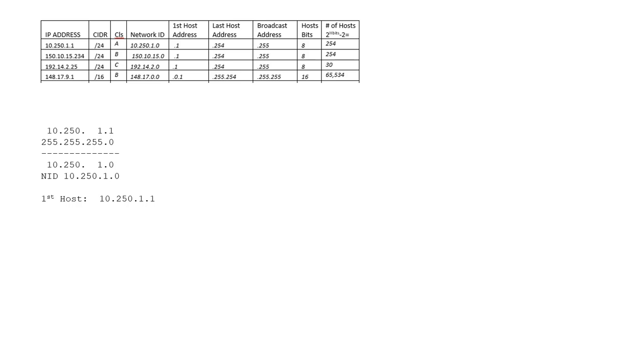Now, one of the things I should point out is the network versus the host portion of the IP address. Let me show this to you. The first 24 bits are network ID bits represented by the N's. The last 8 bits, because there are 32 bits in an IP version 4 address, are host bits.